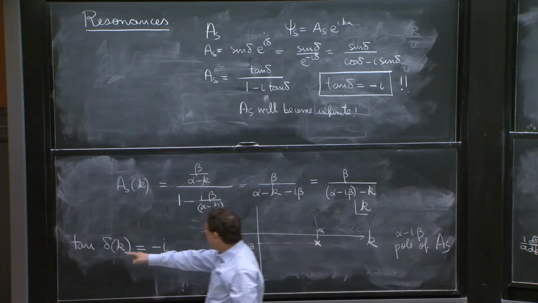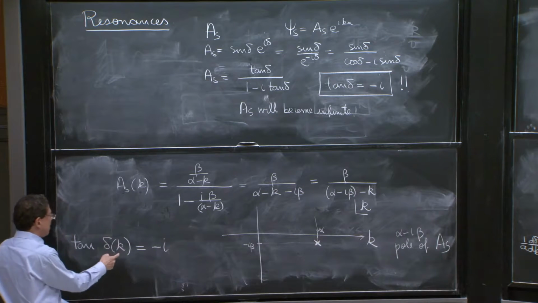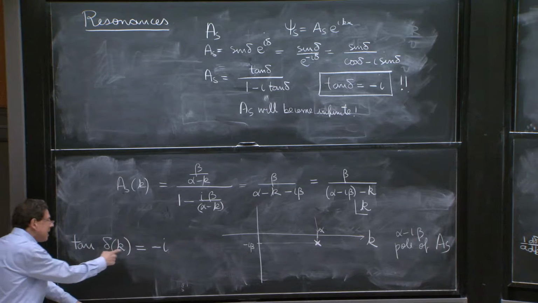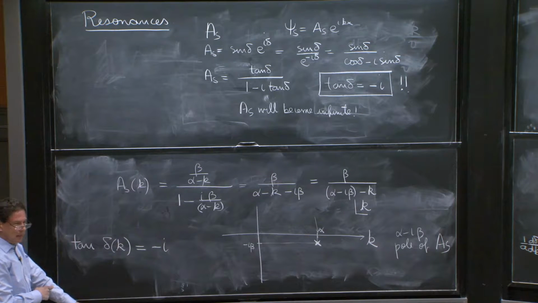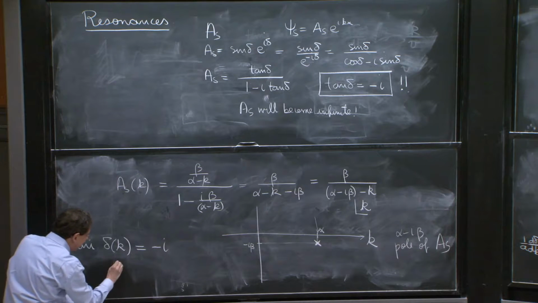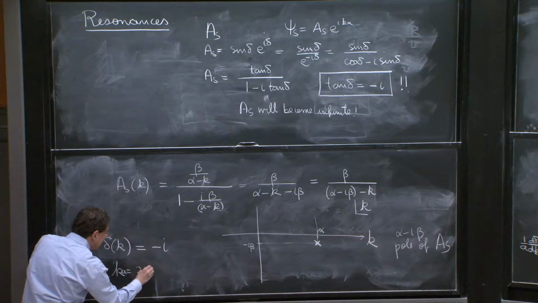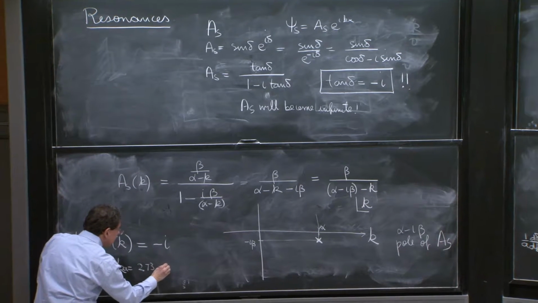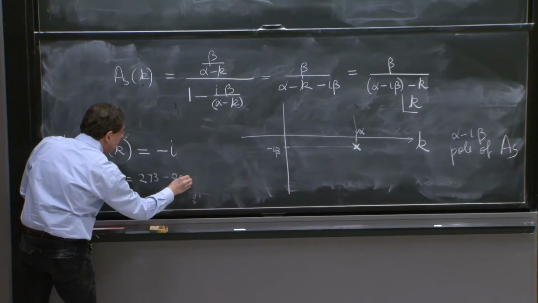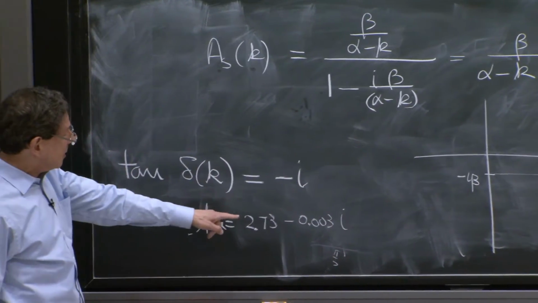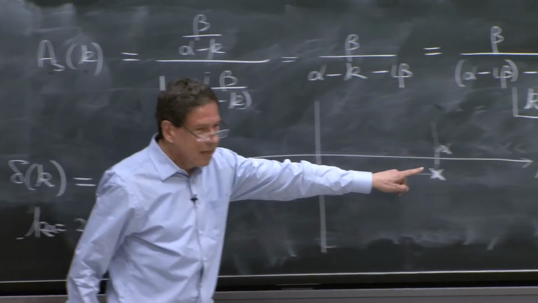So you have a very complicated formula maybe for tangent of delta. But set it equal to minus i and ask Mathematica to solve it. And a number will come, k a equal to 2.73 minus 0.003 i. And you will know, oh, that's a resonance. It's off the axis.